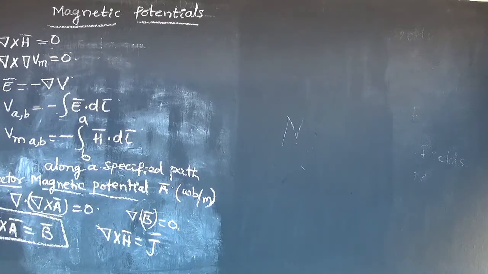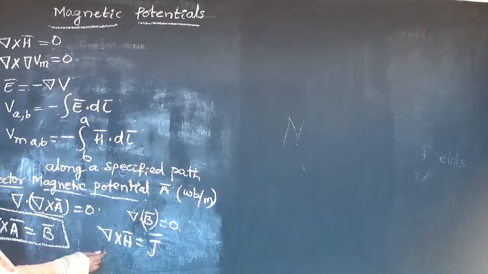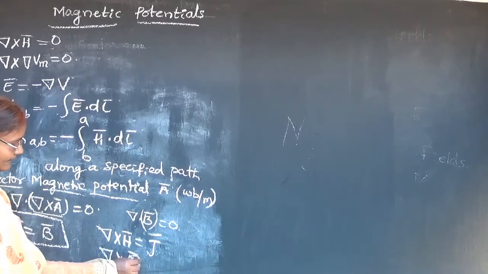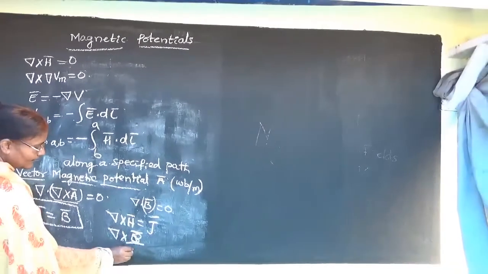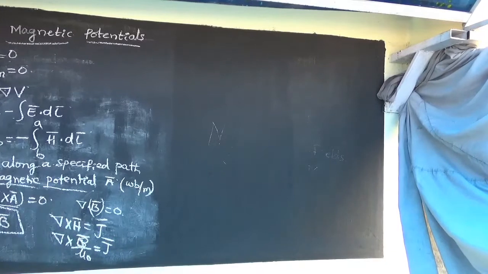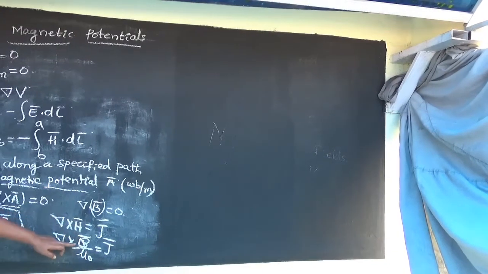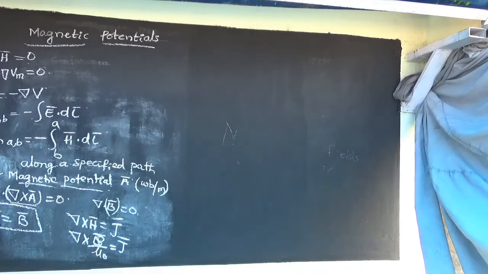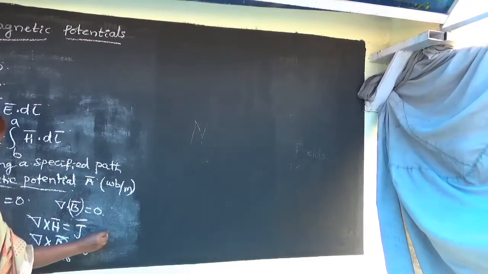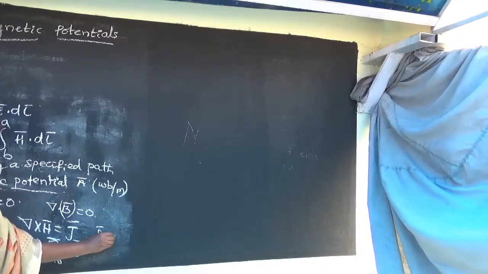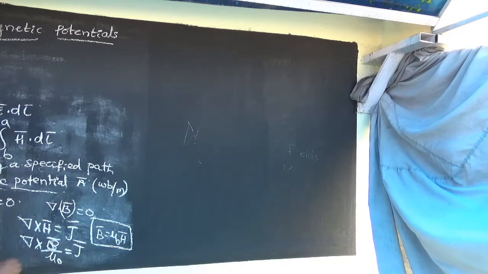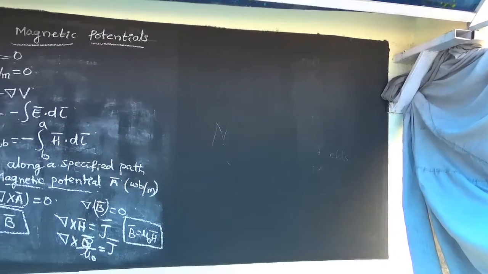And we know the formula del cross H bar is equal to J bar. What is this H bar? H bar can be written as B bar by mu naught, because we know that B bar is equal to mu naught H bar.